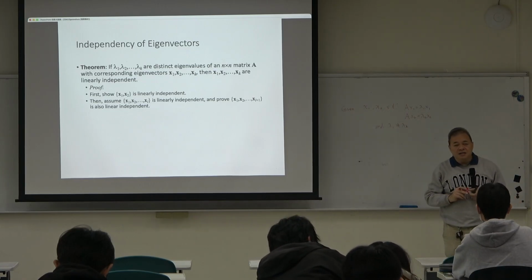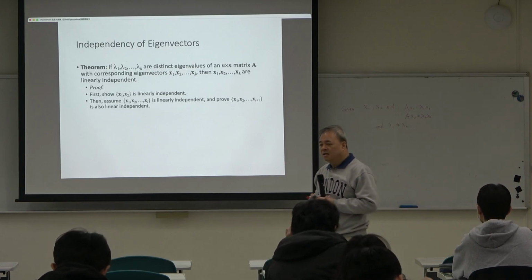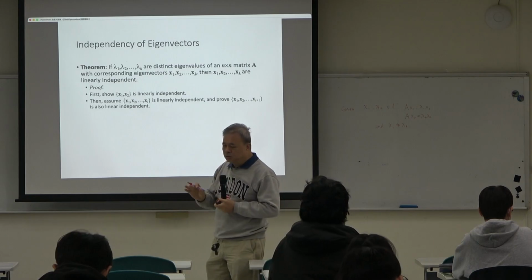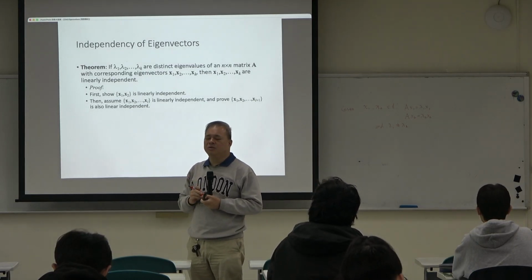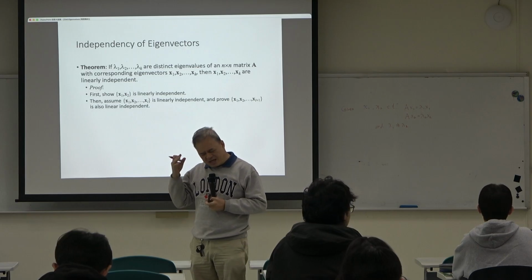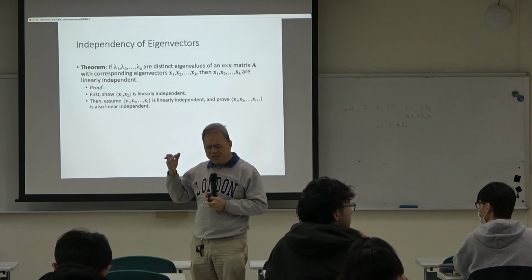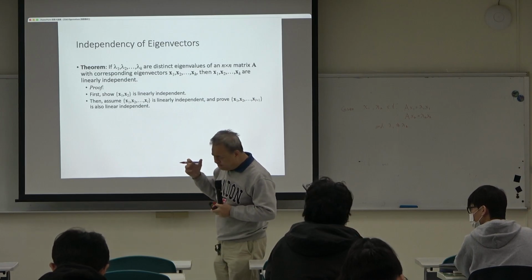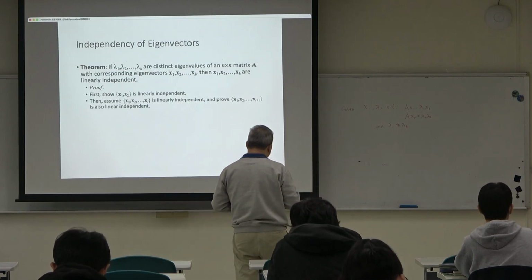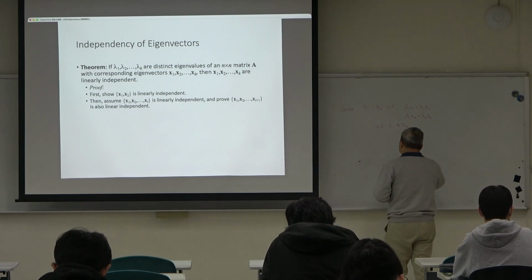So we start with two different eigenvectors with two different corresponding eigenvalues. We want to show these two vectors are linearly independent.